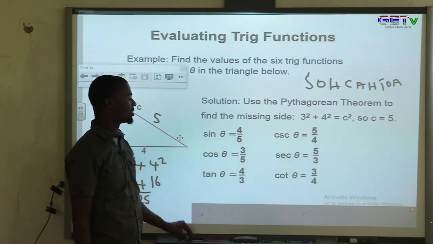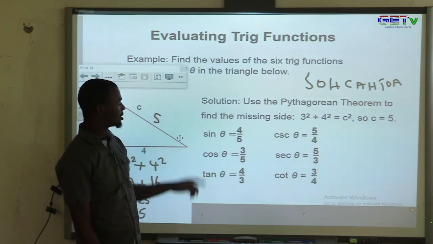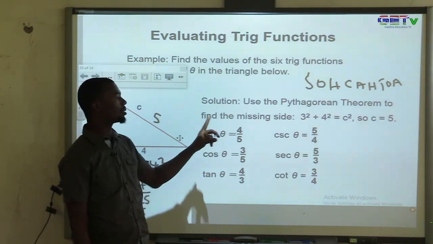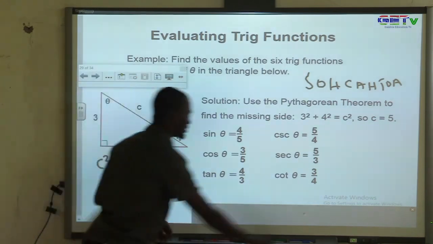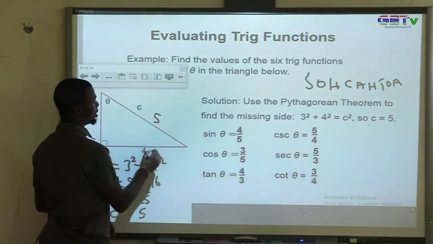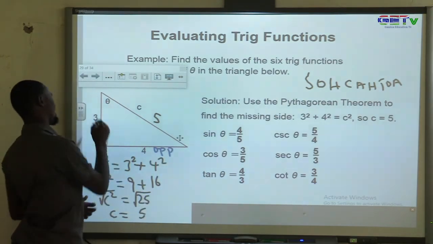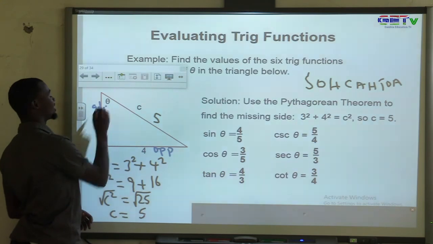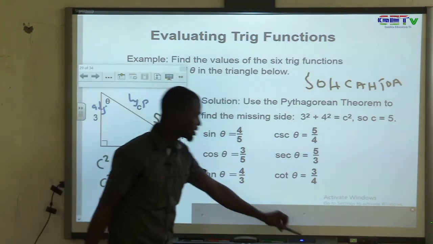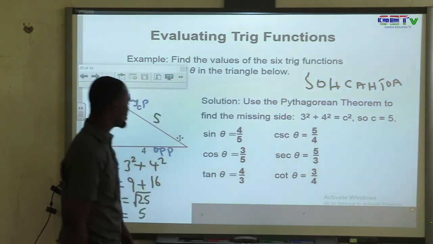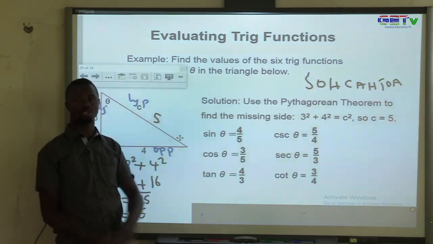Sine is opposite over hypotenuse. We have sine theta is equal to opposite over hypotenuse. The opposite in this right angle triangle here is 4, and the adjacent is 3. This is the adjacent, and this one is the hypotenuse. So if you set opposite over hypotenuse, sine theta from the right angle triangle is equal to 4 over 5.